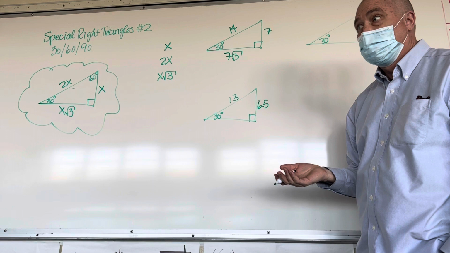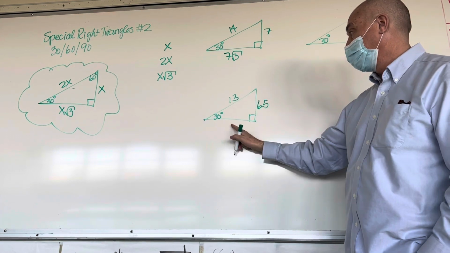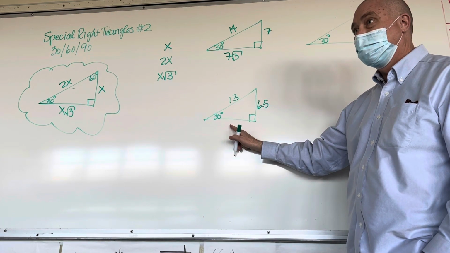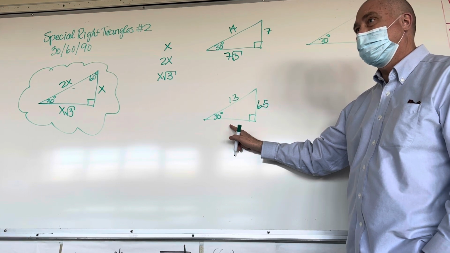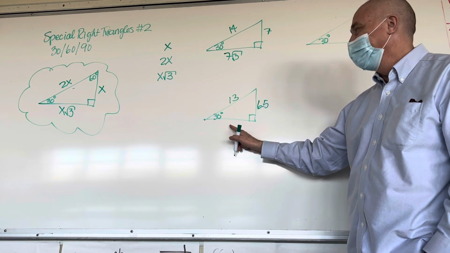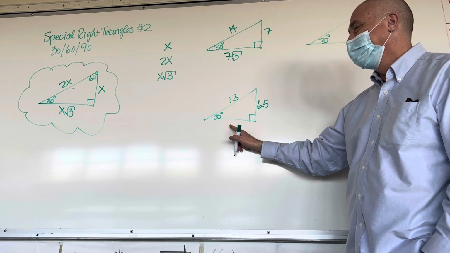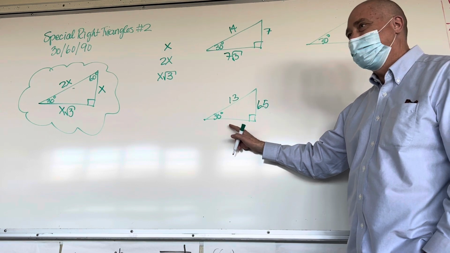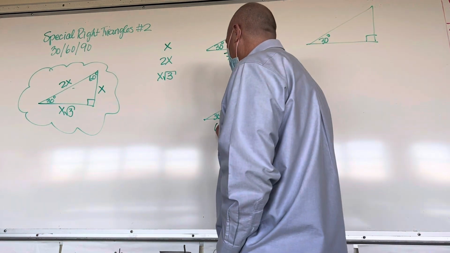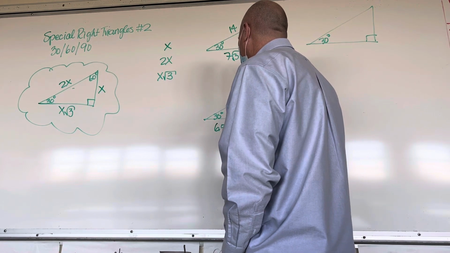Fair enough? Trust yourself, Marisol. Do it. Good. Good. 6.5 times the square root of 3.